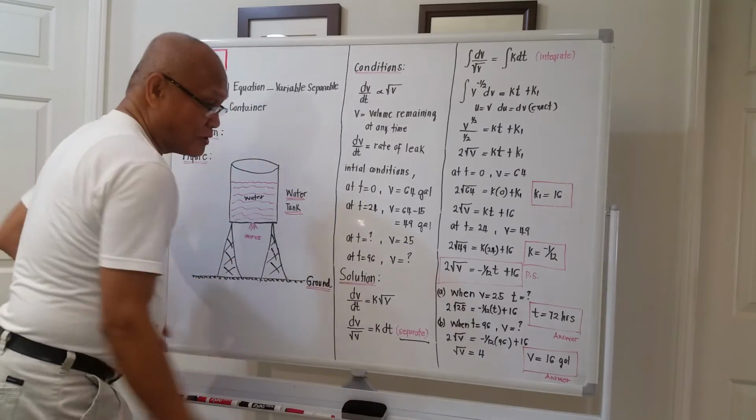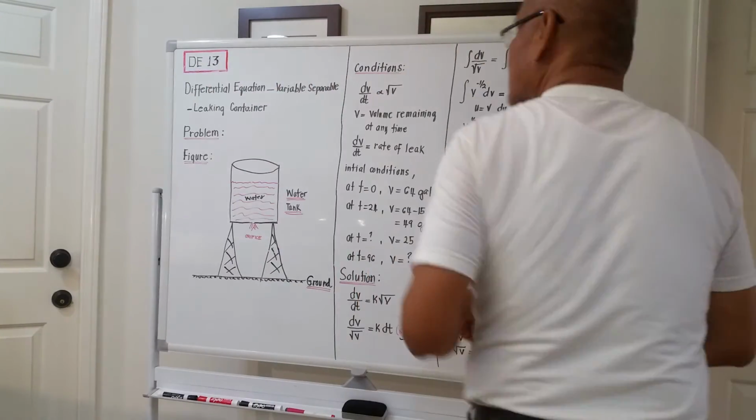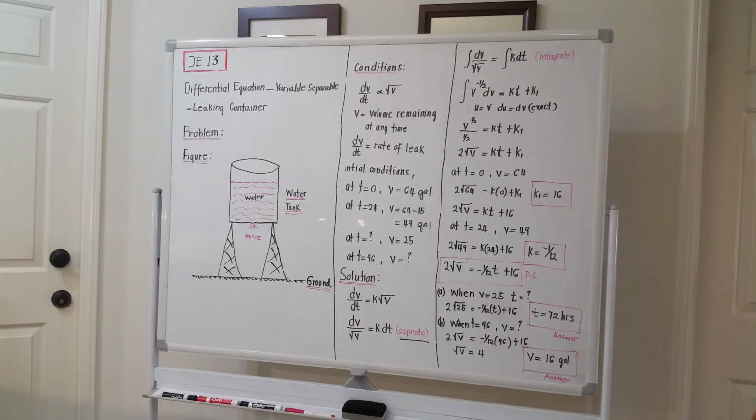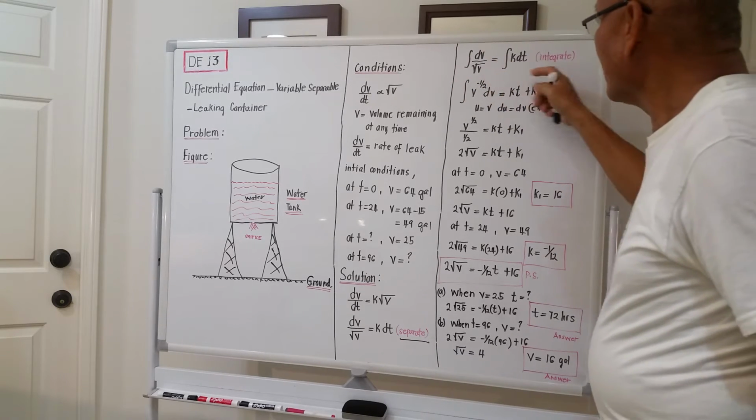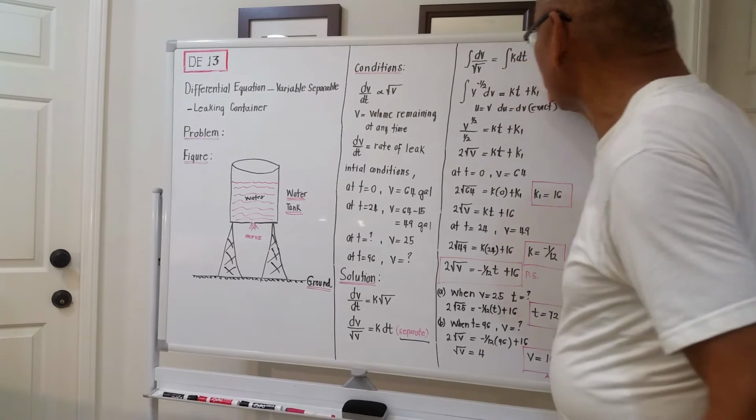Proceeding with the integration. The integral of dV over the square root of V equals the integral of k dt.